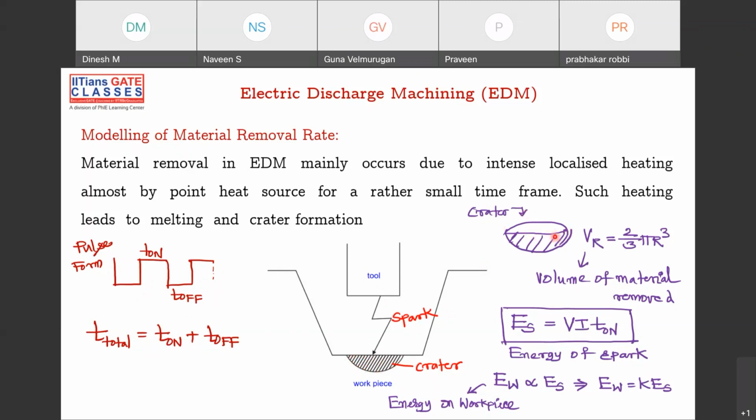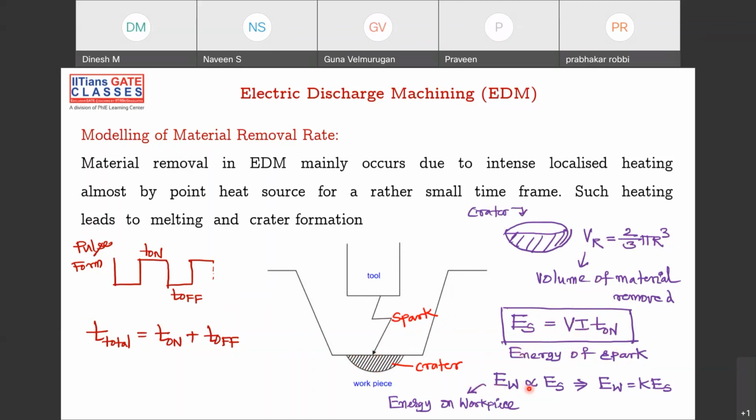What is the volume of hemispherical crater? Volume of hemispherical crater is 2 by 3 pi r cube, right? And also here, energy of the spark that is generated is directly proportional to T on, obviously. Energy is directly proportional to voltage, energy is directly proportional to current. So this is what is energy, right?